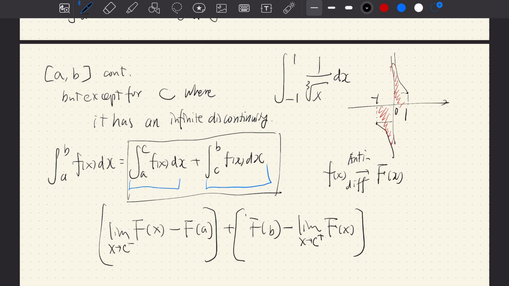But if you omit the infinite discontinuity and just say, because I know the antiderivative of small f of x is big F of x, this is equal to F of b minus F of a, then when big F of x is continuous, everything is okay.